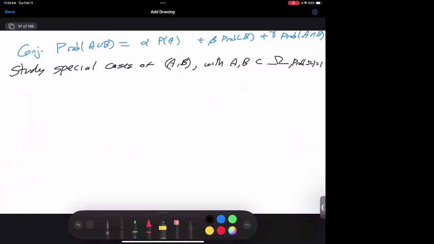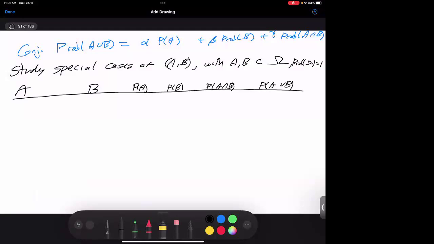Can somebody give me an interesting pair for A, B? You have to give me a value of A and a value of B. So what would be a good choice? If A is random, can somebody give me a good choice for B?